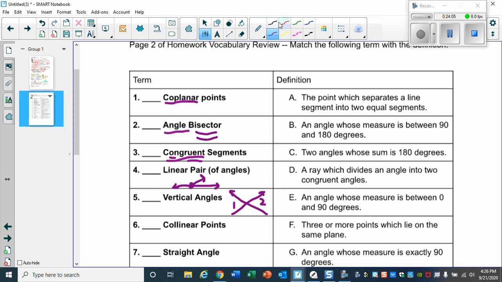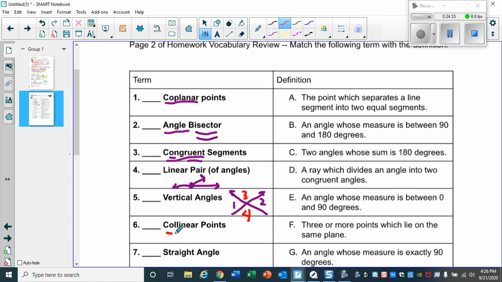Similarly, you could say 3 and 4. Because as long as they're across from each other, they are not sharing a side. So they could be across, like 3 and 4 work, 1 and 2 work. So they have the same measurement as well.